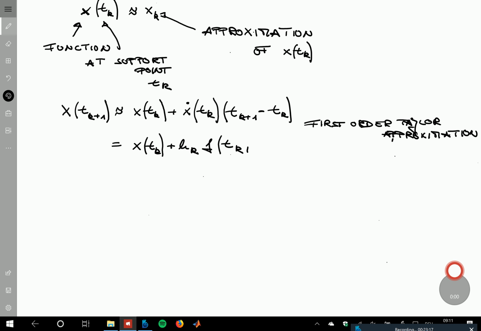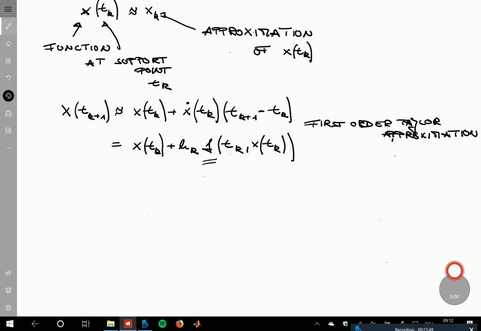x(t_k) plus h_k times f(t_k, x(t_k)). How this function f maps a t_k and an x evaluated at t_k to a value x dot at t_k we know from the setup, and this is actually the function that you would have to implement in an actual programming context.